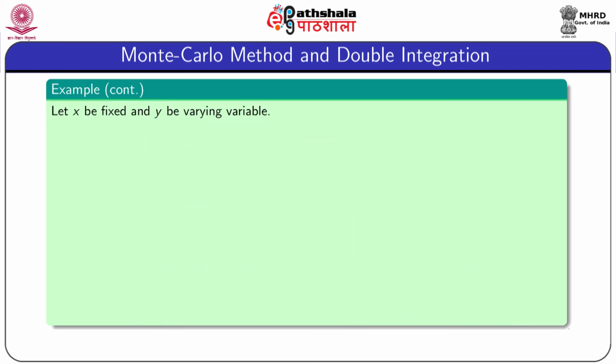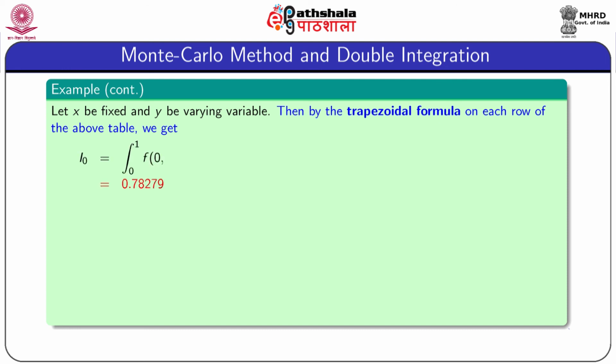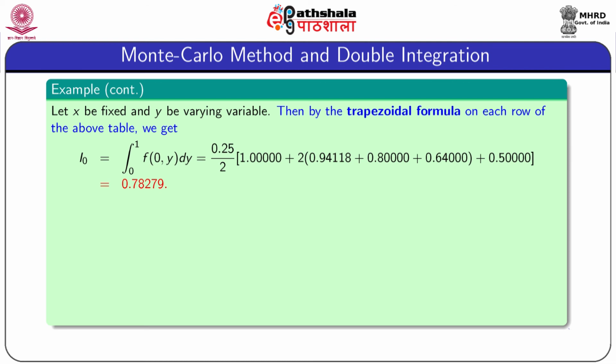Let x be fixed and y be the variable, then by trapezoidal formula on each row of the above table we get I0 equal to integration 0 to 1 f of 0 comma y dy. In this case x is taken as 0 and y is the variable quantity, and using this formula we obtain the value of I0 equal to 0.78279.